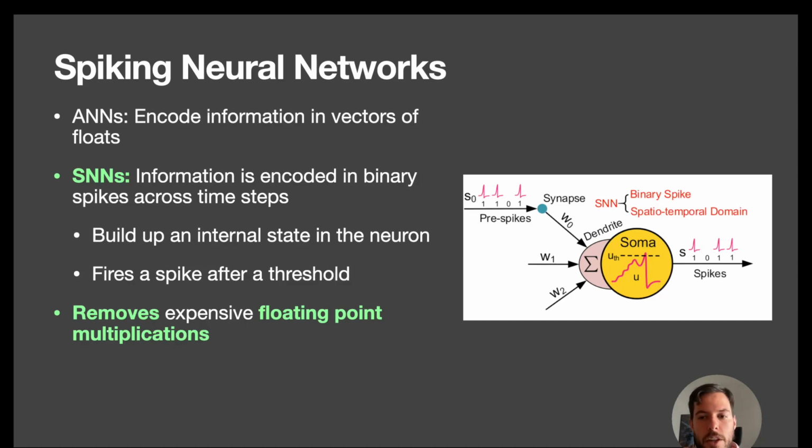These binary spikes are fed into neurons, spiking neurons, which basically every time a neuron receives a spike, it builds up an internal state, and when that internal state overcomes a threshold, the neuron spikes and throws a new spike to the next neuron.